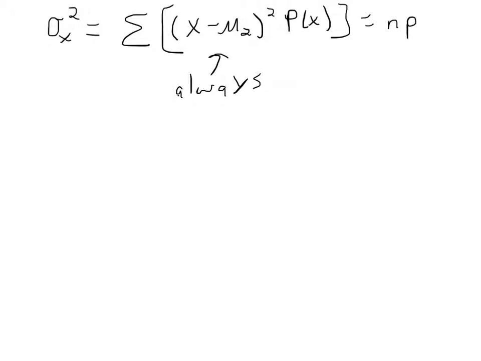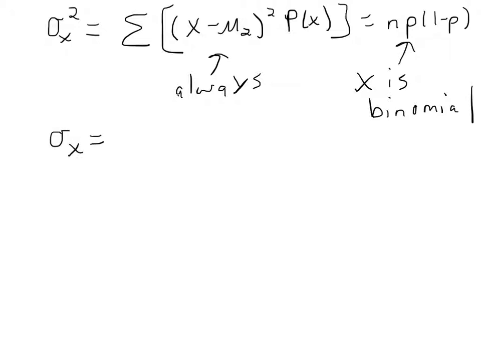It's n times p times 1 minus p. And you'll notice that you can denote 1 minus p as q. The book does that, so I see a lot of people doing that. That's only if x is binomial. So that means the standard deviation for the binomial distribution would be the square root of n p times 1 minus p.